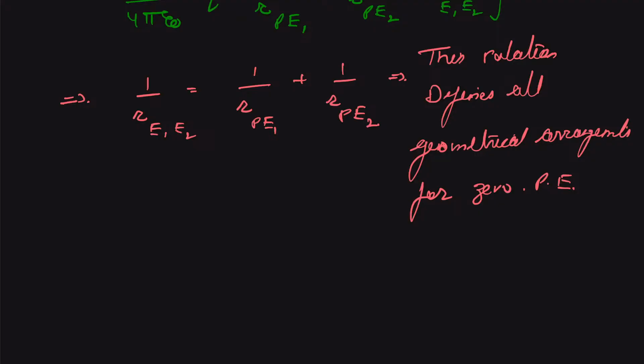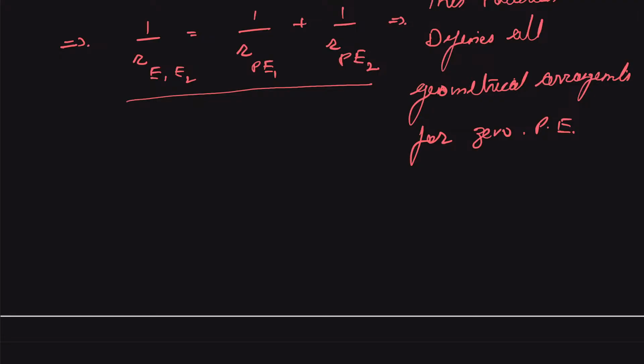If you want the total potential energy to be zero, then this relation will always be true. Now we are given that all these charges are linear, okay, they are in a straight line.